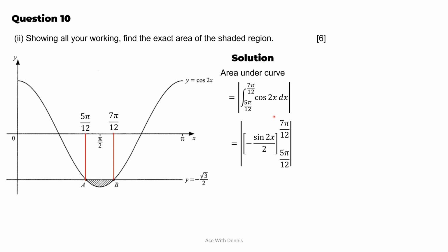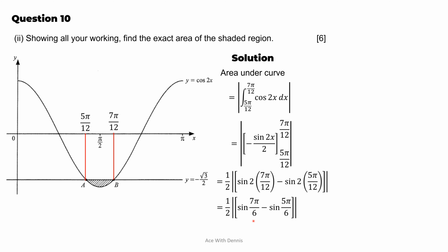Now the next step is to integrate cosine 2x. I get negative sine 2x over 2 from 5 pi/12 to 7 pi/12. Before that, I take out the half here. So substitute 7 pi/12 and 5 pi/12. We get sine 2 times 7 pi/12 minus sine 2 times 5 pi/12. Notice I also ignore the negative sign because it is a modulus sign here, so we can ignore the negative value.